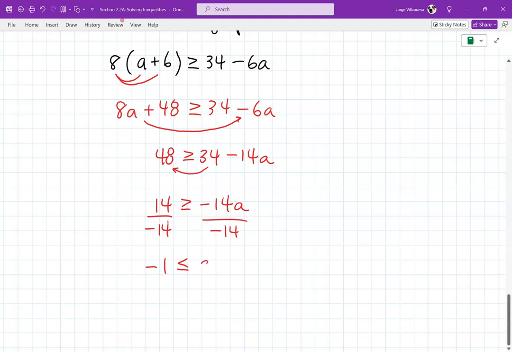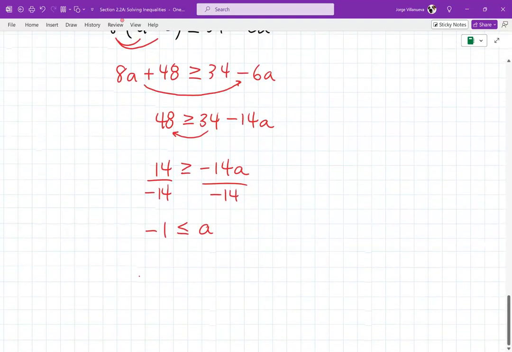And then all I have here is an a. So the reason why I did what I did was because I wanted to remind you, if you're dividing by a negative, don't forget to flip the symbol. And right now it's showing my arrow going left. But since my a is on the right side, then it's got to go the opposite way.